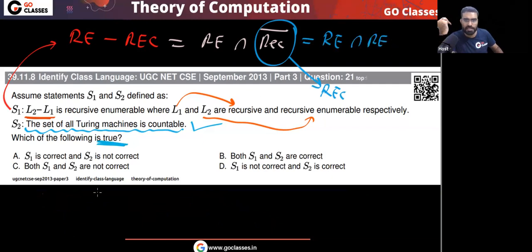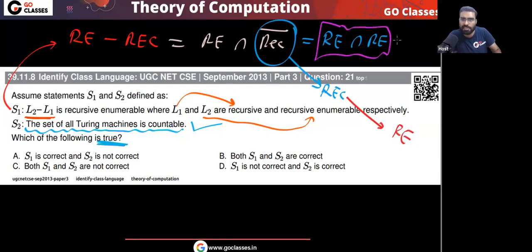Remember, every recursive language is recursively enumerable. So finally you have RE intersection RE, and that will be RE. So statement S1 is also true. Both statements are true. Let me know, did you understand this?